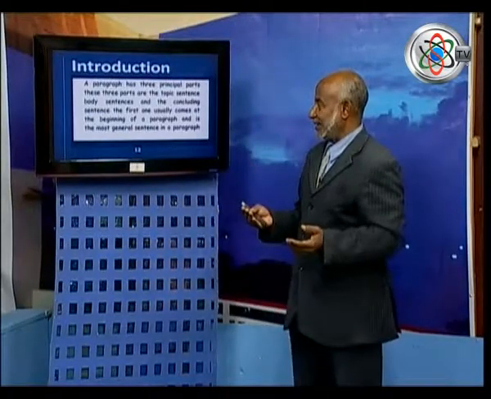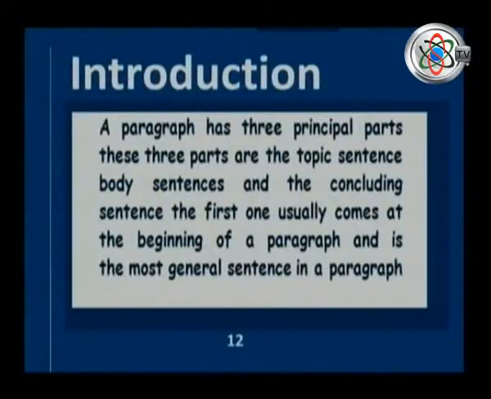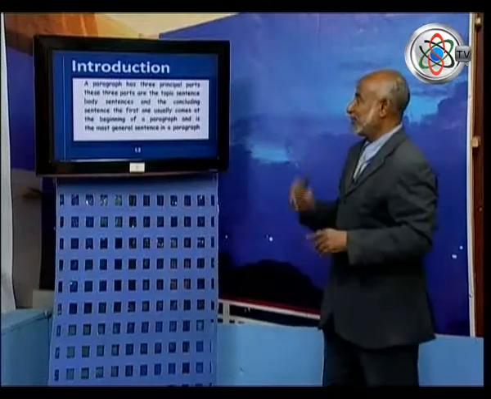The first one usually is the topic sentence, and we have the body sentence and the concluding sentence. Just like writing a composition, you have an introduction, you have the subject matter, the body, and you have a conclusion. You just finish your topic with the conclusion.